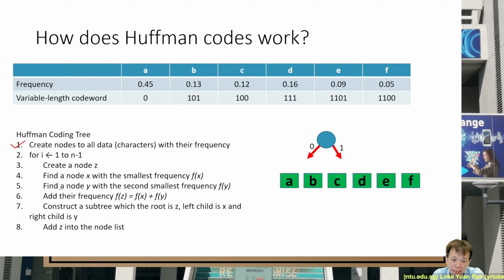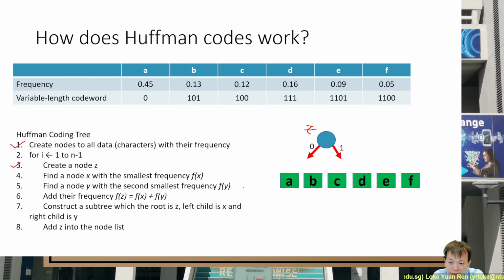So let's say I want to store these 6 characters A, B, C, D, E, F. I also know their frequencies: 45%, 13%, 12%, 16%, 9%, 5%. Then I create the nodes for each of them. Then I start to build the tree. So I create a node Z.